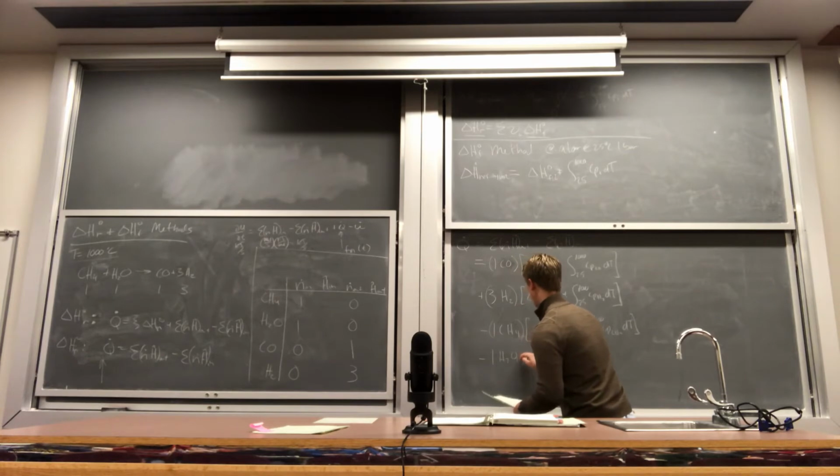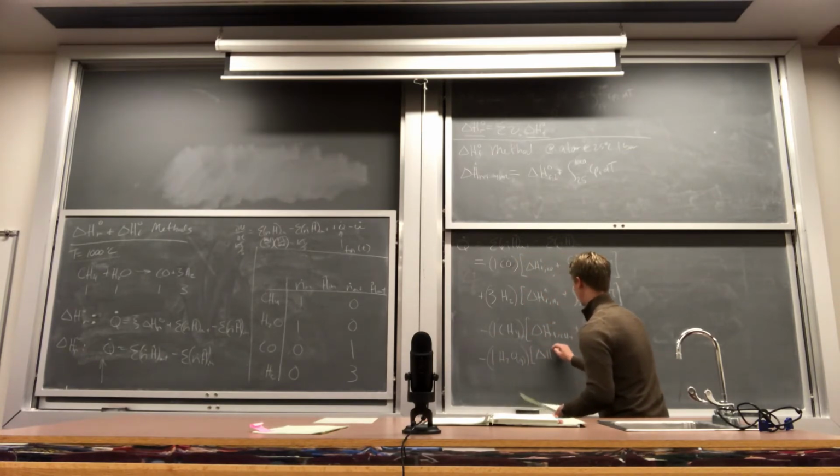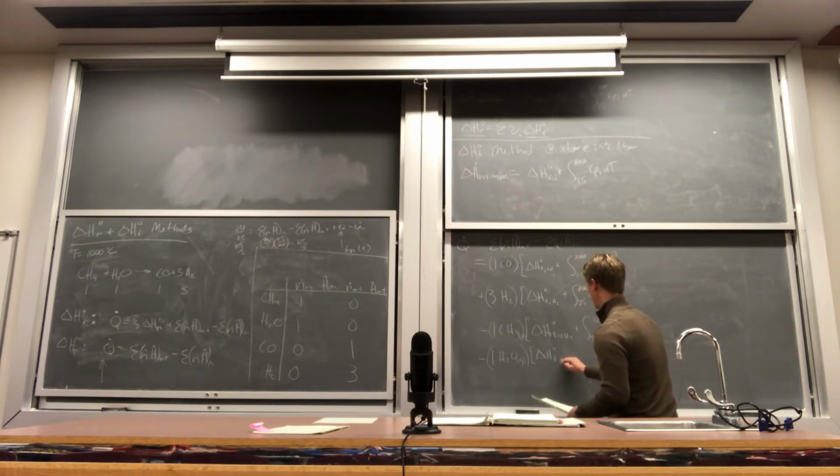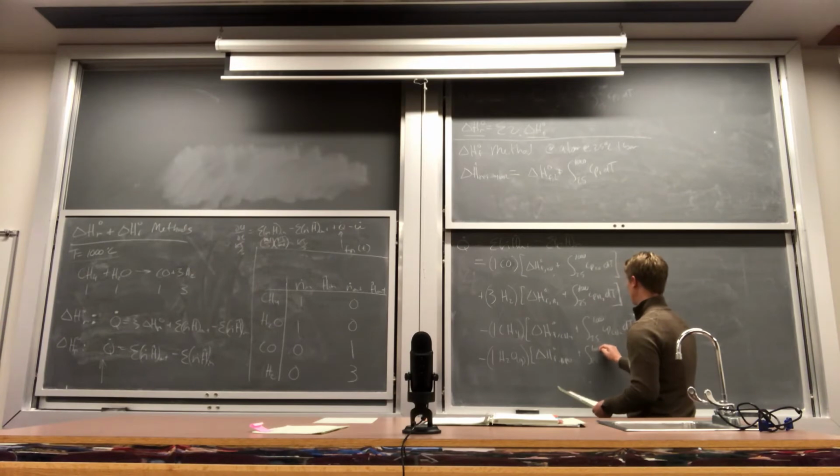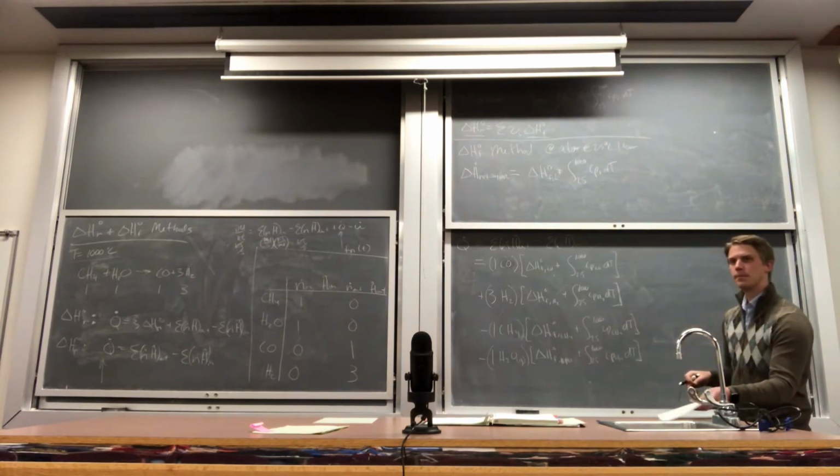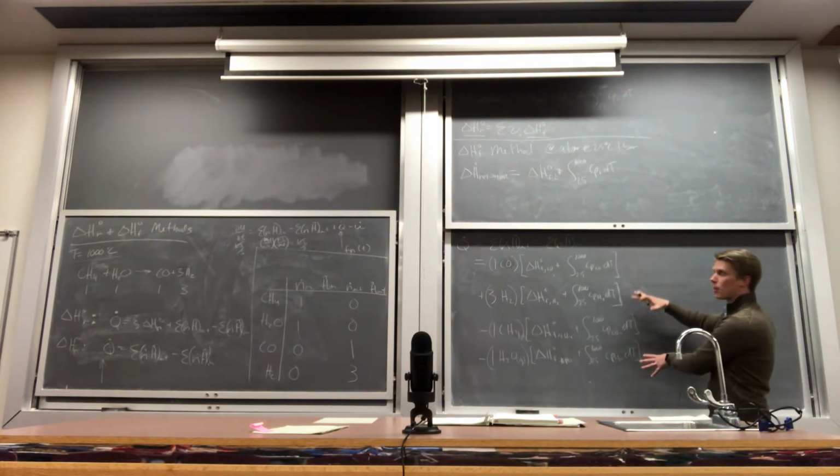In this case, I'm going to say gas phase, right? Okay, so I'm adding all of these together. In this case, you could think of it as adding a negative.